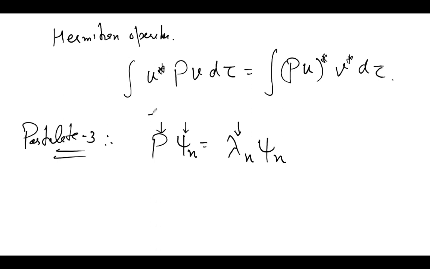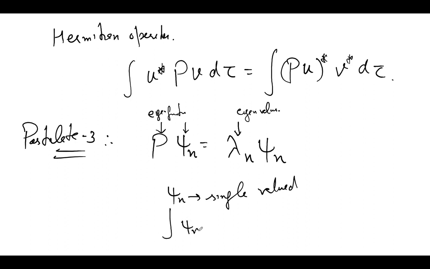So this is our eigenfunction and this is the eigenvalue. This satisfies the condition that psi n must be single valued, and the integration of psi n star psi n delta tau should be finite.